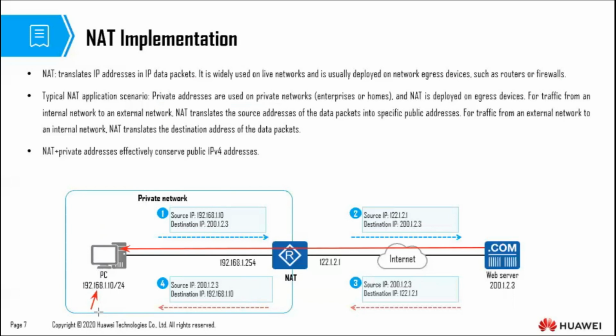Are you getting the point? That cannot happen because, number one, private IP addresses cannot be routed on the internet. Number two, we don't have that mapping here really. So that's how people on the public network cannot reach our private internal network, which is using private IP addresses. So I hope that is clear.